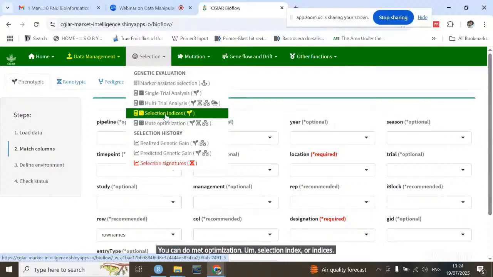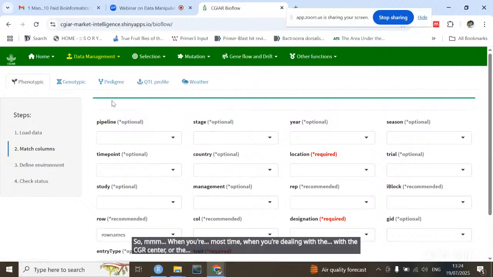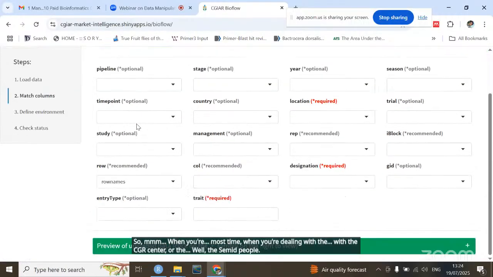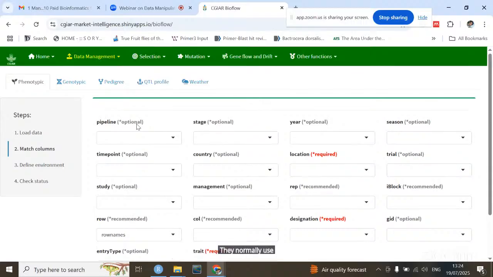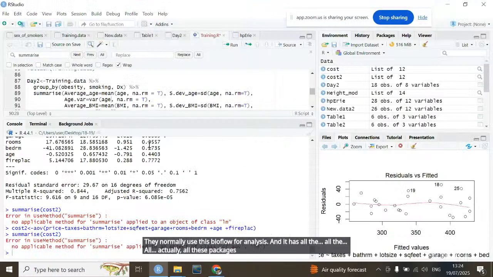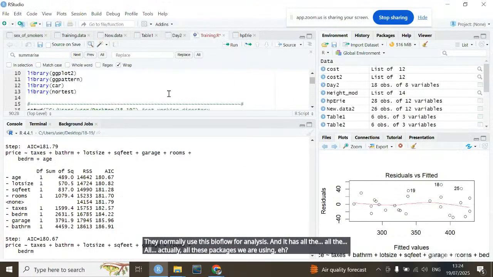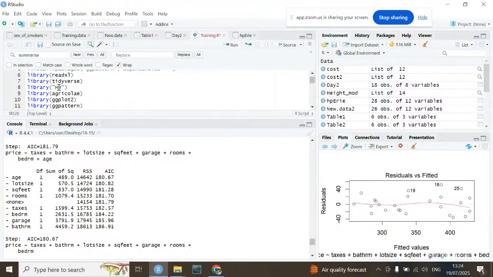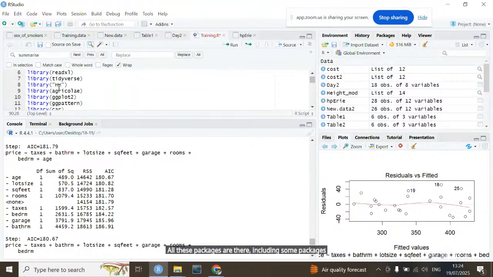Most of the time when you're dealing with the CGIAR centers or the CIMMYT people, they normally use this Bioflow for analysis. It actually has all these packages we are using, including some packages which require a license.